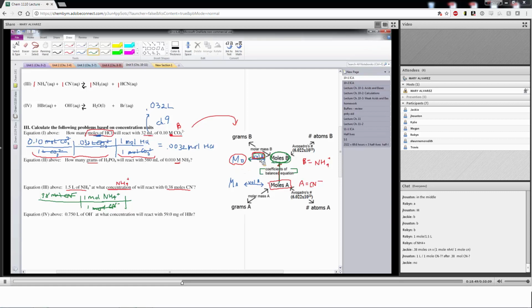So what are the units of molarity again? Exactly, moles per liter. I've got moles of NH4 plus. So what do I need to do now to get moles per liter?